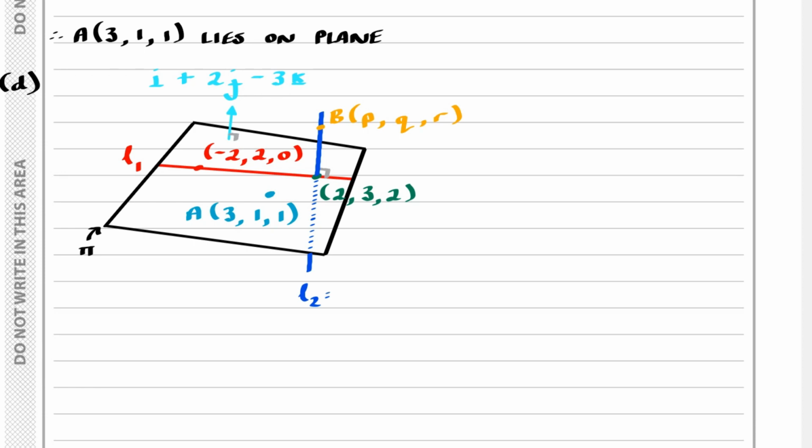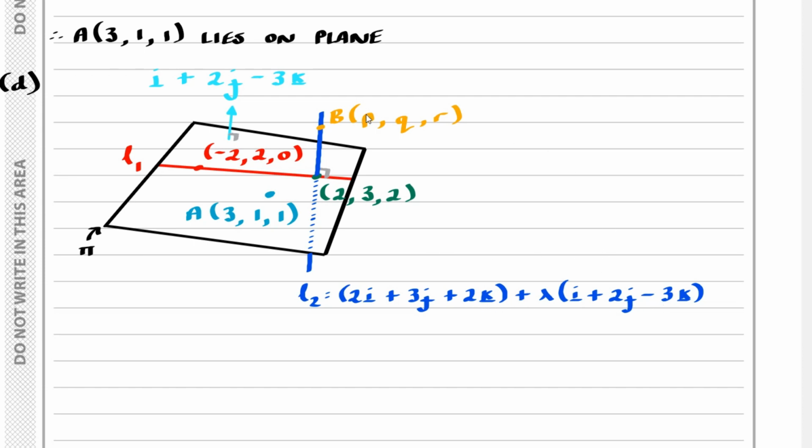Now, what we can do is find the equation of L2. We know it passes through the point (2, 3, 2), and its direction vector is parallel to i + 2j - 3k, so we add on lambda multiplied by i + 2j - 3k.